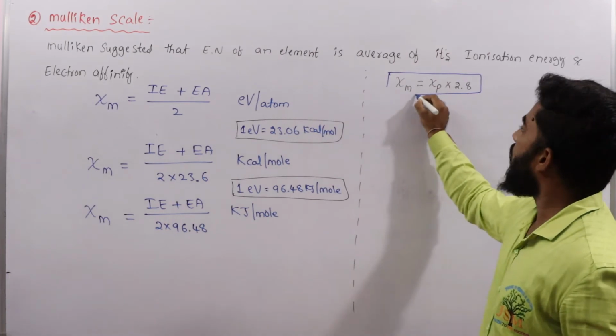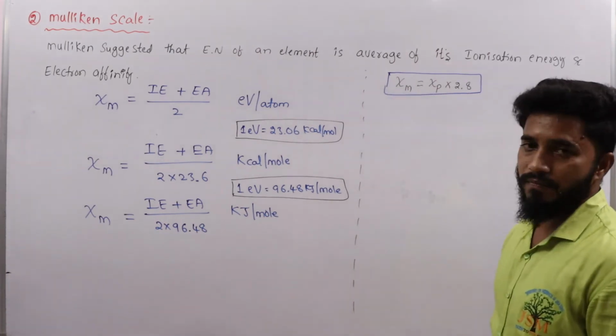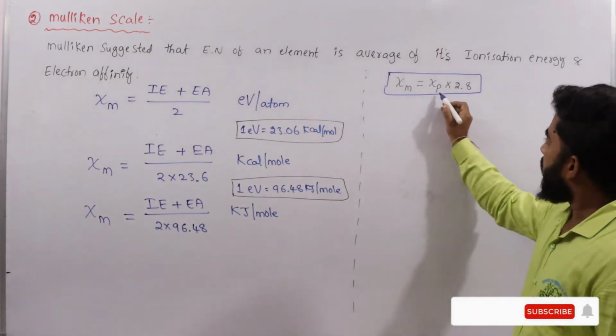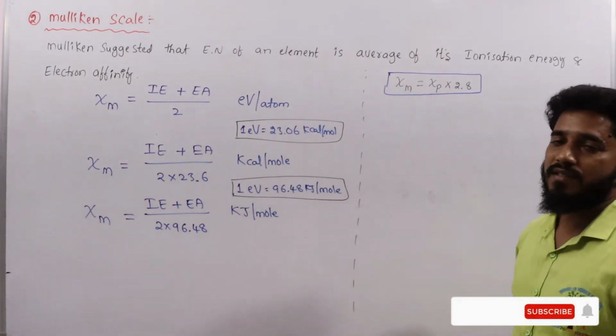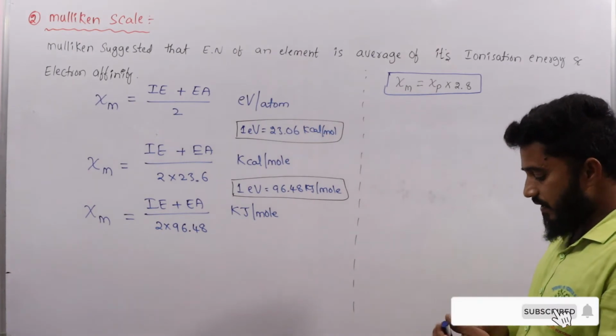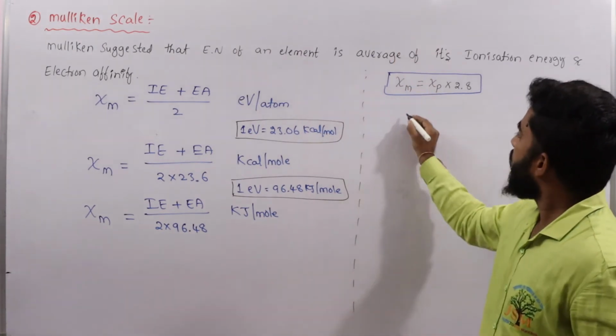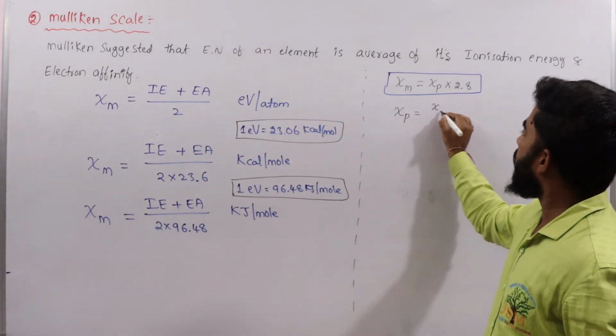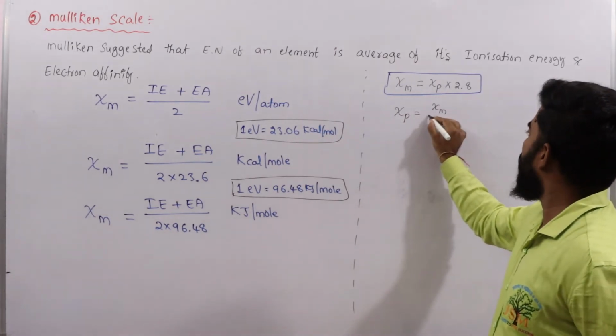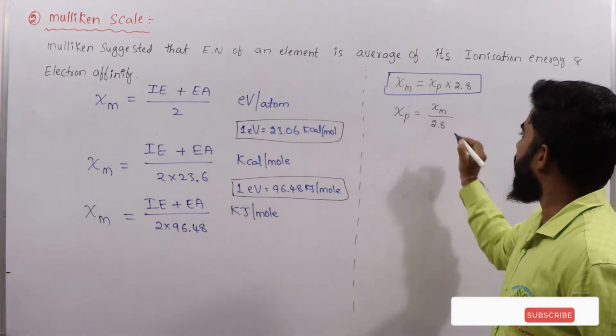That's why we can write the electronegativity value according to the Pauling scale equal to the electronegativity value according to the Mulliken scale by 2.8.